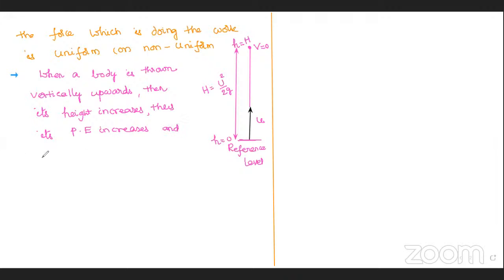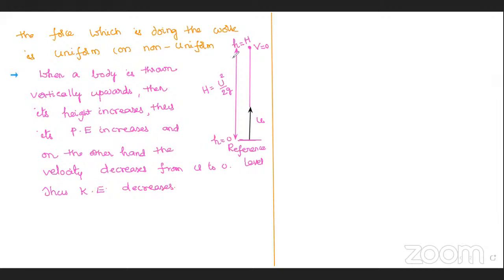Yeah, exactly. And on the other hand, look at the velocity. The velocity decreases, yes, from u to 0. Thus, kinetic energy decreases.